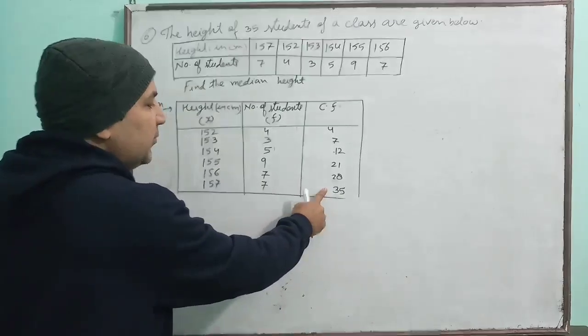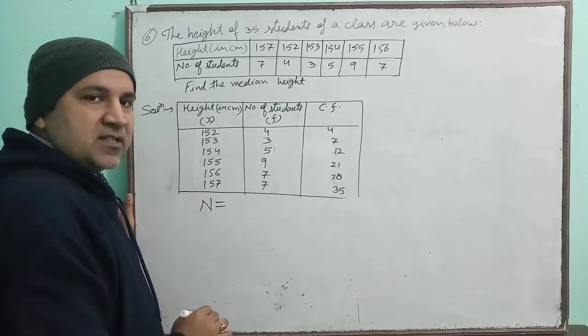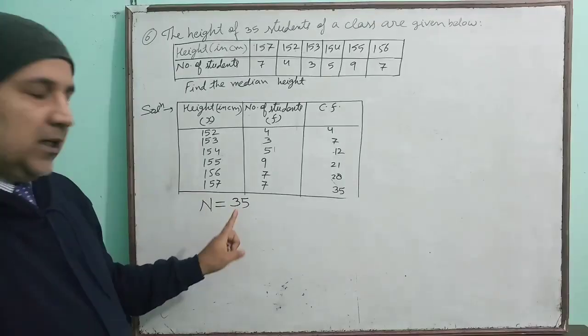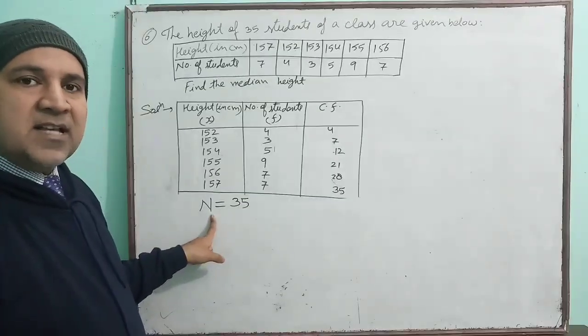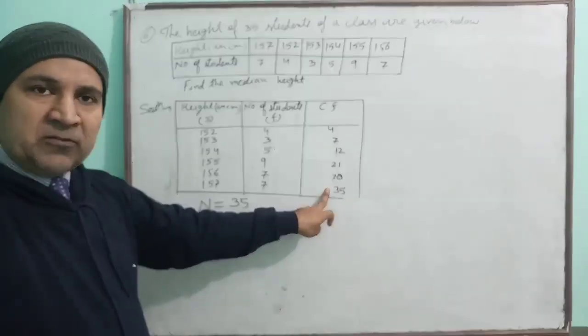The last cumulative frequency is termed as the number of observations, that is n. Understood? The total number of observations means the sum of the frequencies, that is denoted by the last cumulative frequency.